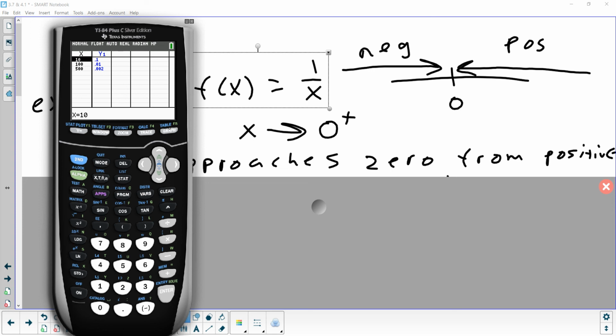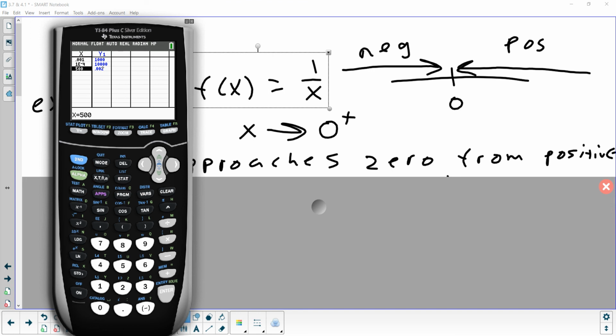I want to get very close. 0.001. That's a number that's extremely close to 0, but it's just barely on the positive side. And if I plug that in, I get 1,000 for y. If we go 0.0001, that's even closer. That's 10 times closer. I get a y value of 10,000.